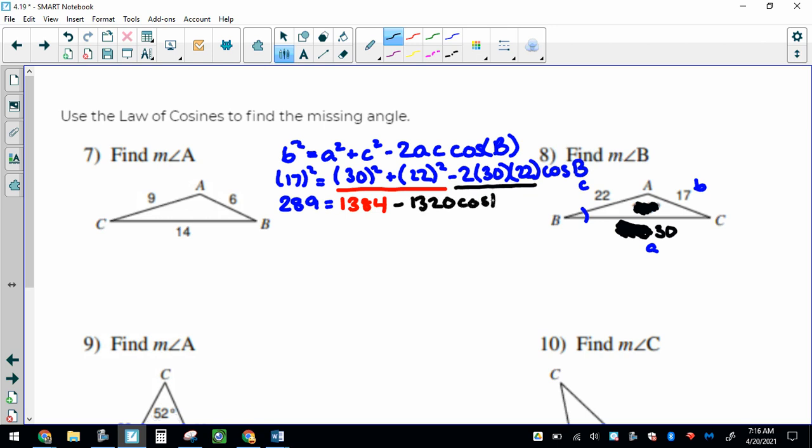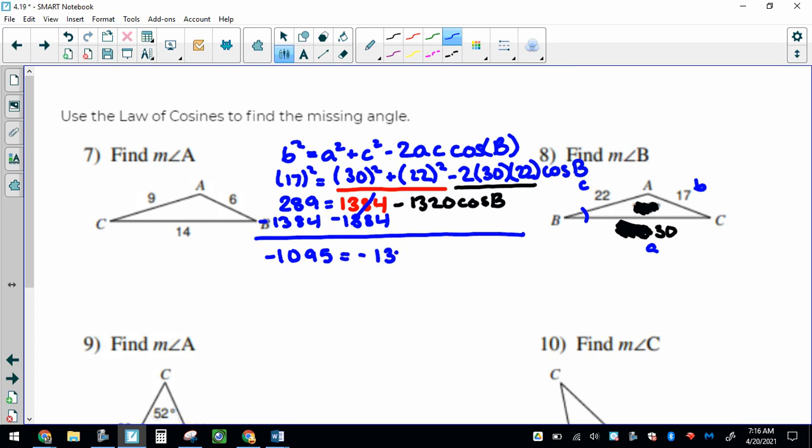Cosine B. Subtract out this 1384 to get negative 1095 equals negative 1320 cosine B. We're going to divide both sides by what's in front here. So divide out the negative 1320. And remember, we want to leave this one as a fraction.